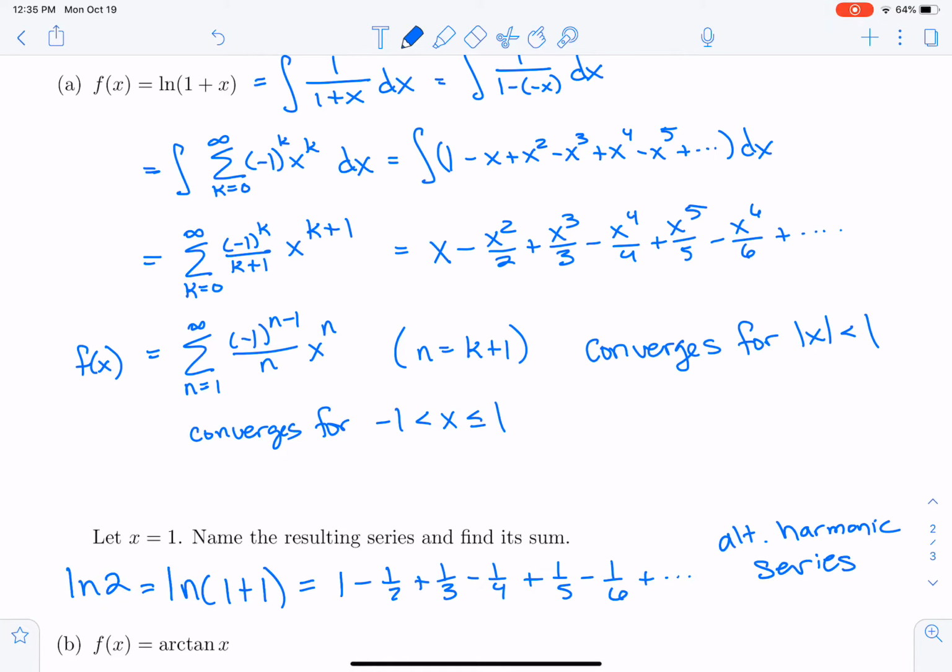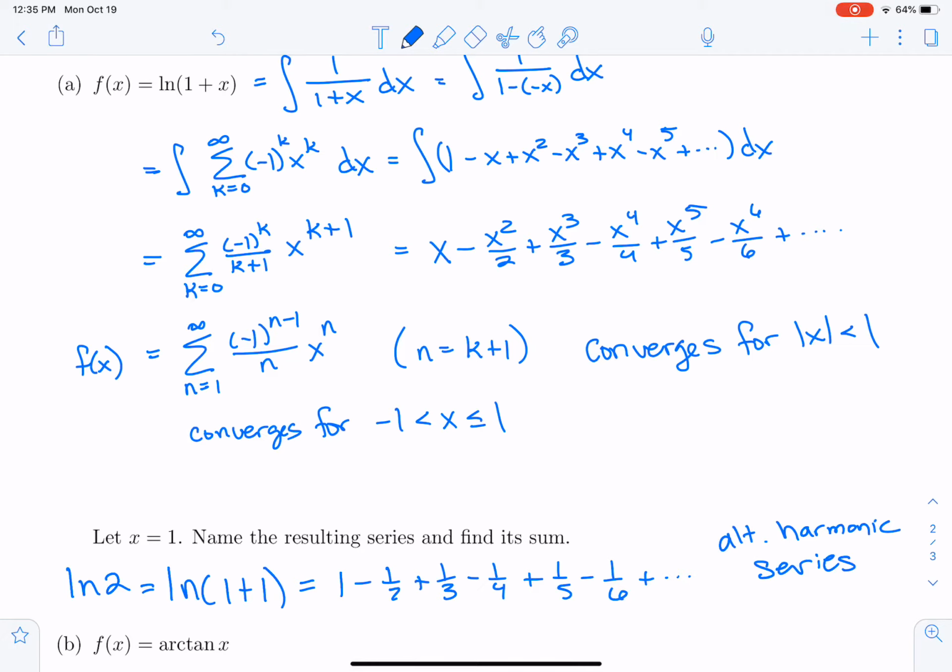So the alternating harmonic series converges to natural log of 2 because of the fact that I can rewrite natural log of 1 plus x using the antiderivative of a geometric series.